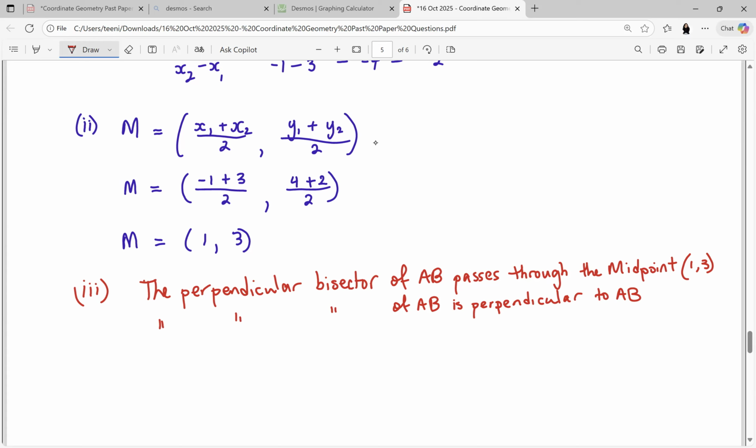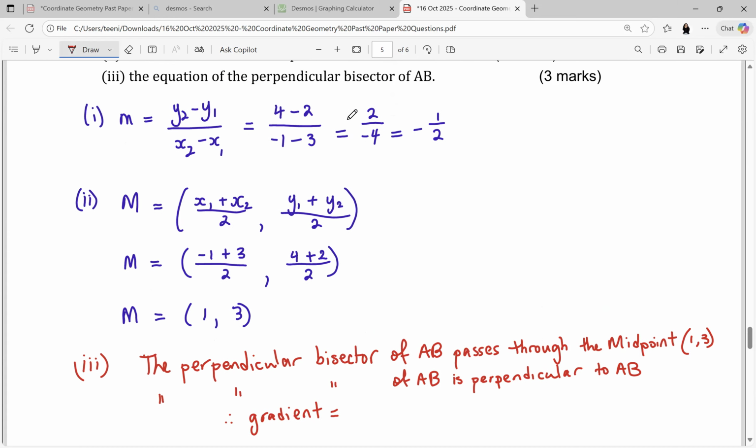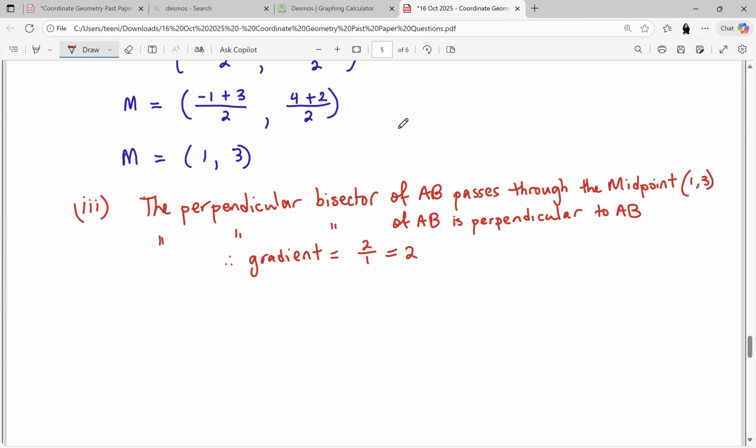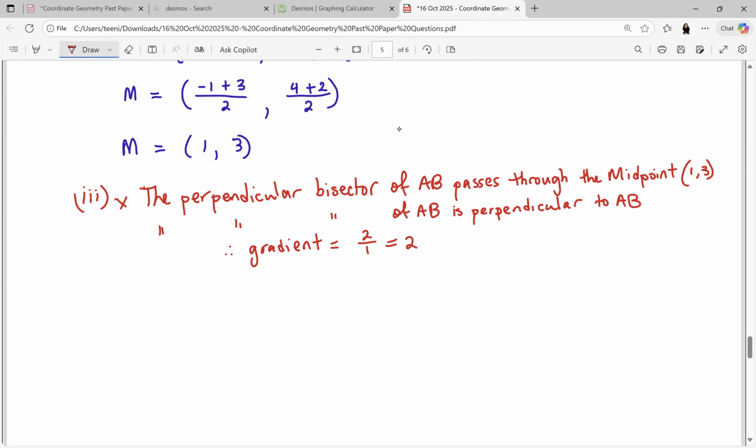Therefore, since the gradient of AB is -1/2, the gradient of the perpendicular bisector would be +2/1, which is 2.